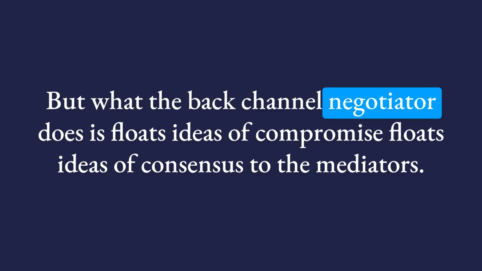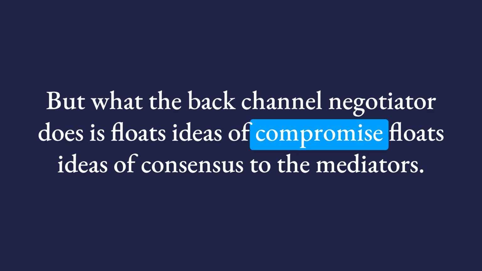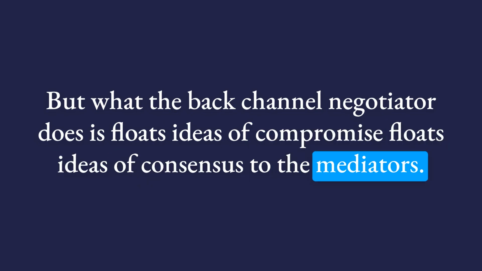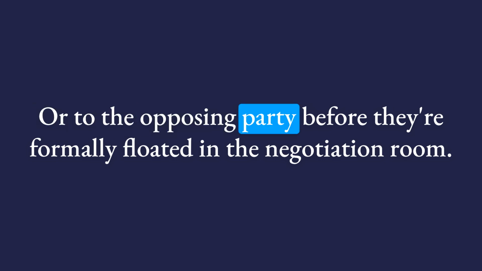But what the back channel negotiator does is float ideas of compromise, float ideas of consensus to the mediators or to the opposing party before they're formally floated in the negotiation room.